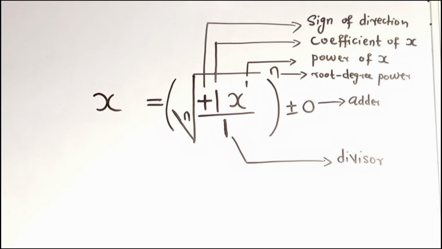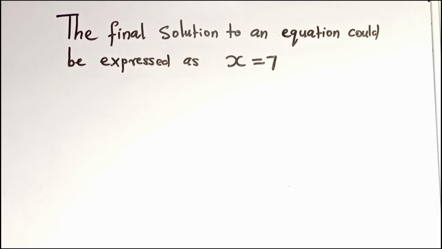The connection is in how the final solution to an equation should be expressed. For example, after solving a particular equation involving x, the answer could be expressed as just x is equal to 7. See it on the screen again. After solving a particular equation, the final solution to that equation could be expressed as x is equal to 7.